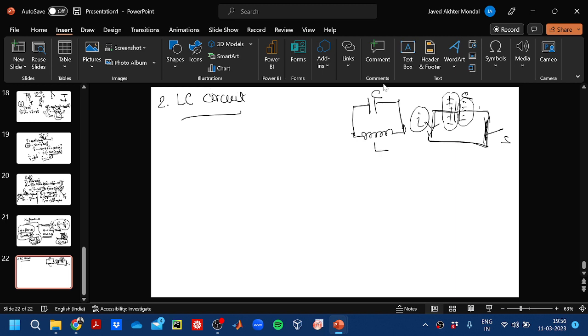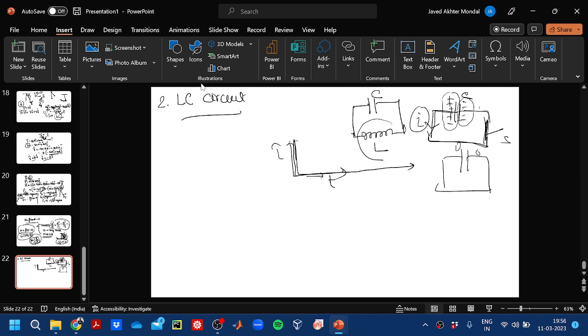Electrons flow from this plate to this plate, and ultimately we have zero charge. Then the current flow will stop. In that case there will be no oscillatory kind of motion. If we look at the current with respect to time, at the initial time there will be a large amount of current, and after that it will be zero. There will be no more current.